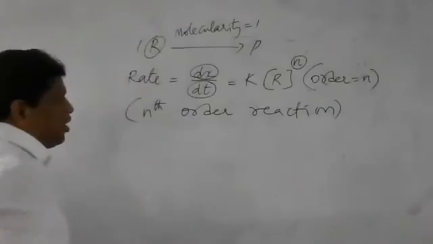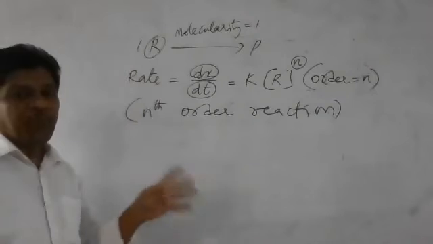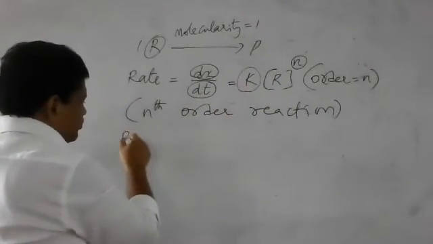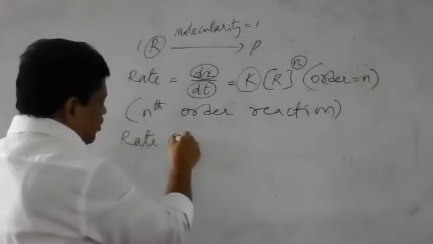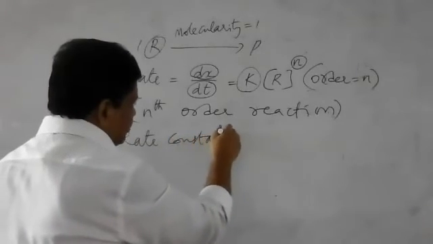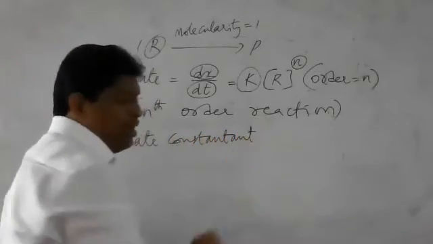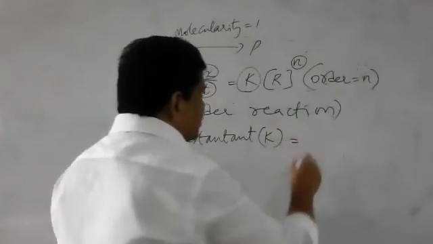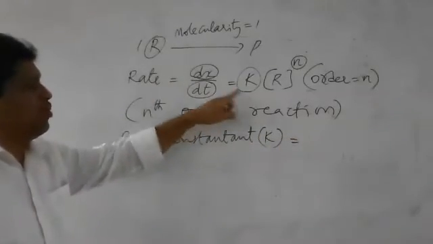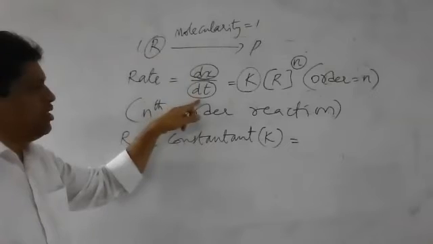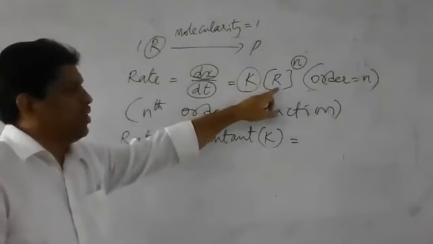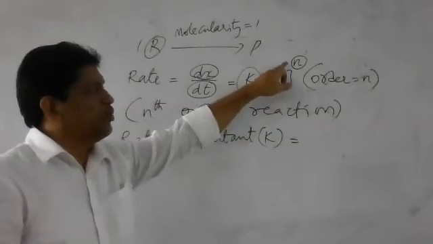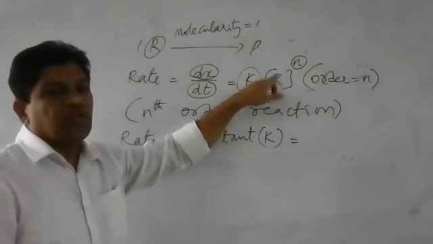So in this case, the order of reaction is n. Now K is called the rate constant. So the rate constant is given by K. This rate constant K is equal to change in concentration by change in time, and it is concentration, where the square bracket indicates concentration, to the power of n.